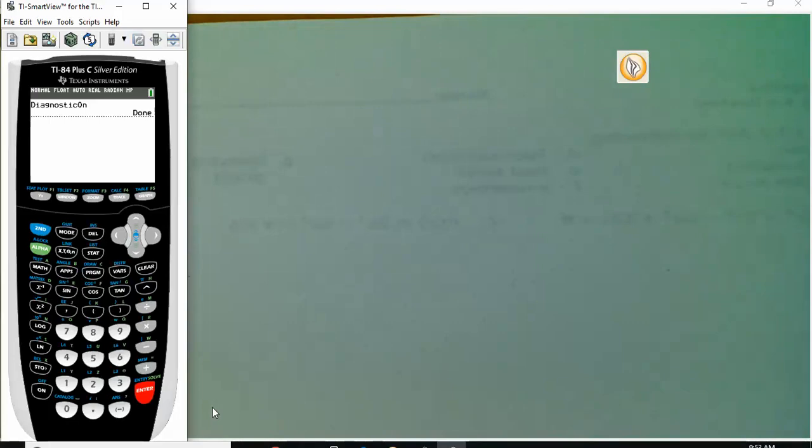Now we are going to enter our data into L1 and L2. So stat edit, clear out anything that's there. Okay, put your X's in your L1 and Y's in L2.